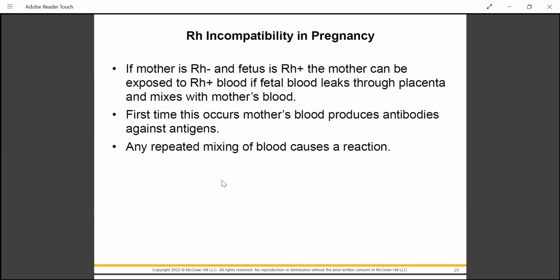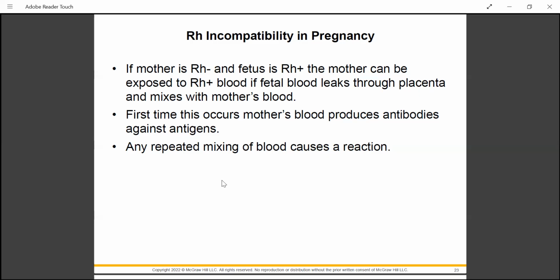The first time this happens, mom's system is going to say, hey, I don't know what this RH factor is. And it's going to produce antibodies to recognize and create an immune response against those RH antigens. So the first time it just realizes it's happening and it tries to create a response in case it happens again.